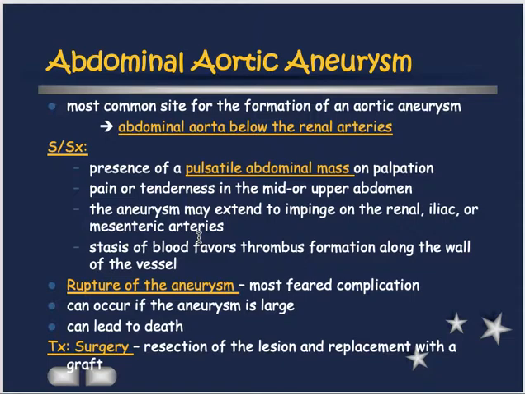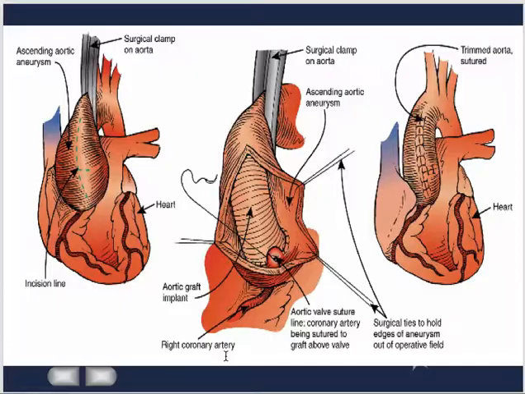So whenever we diagnose anyone with symptomatic or asymptomatic abdominal aneurysm, then we go for surgery. We repair that. Of course surgery is not so simple, but nowadays things are good and we have a lot of options.